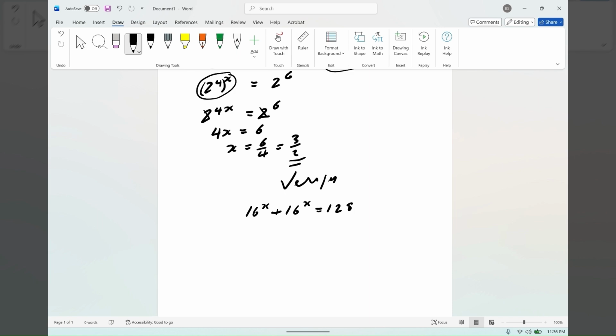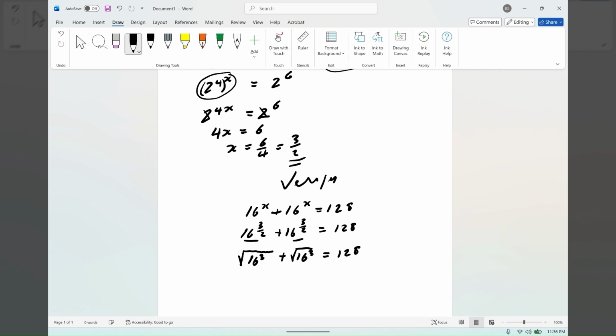Therefore, we can write this as 16^(3/2) plus 16^(3/2) equals 128. Now, let's rewrite this as the square root of 16 cubed plus the square root of 16 cubed equals 128.